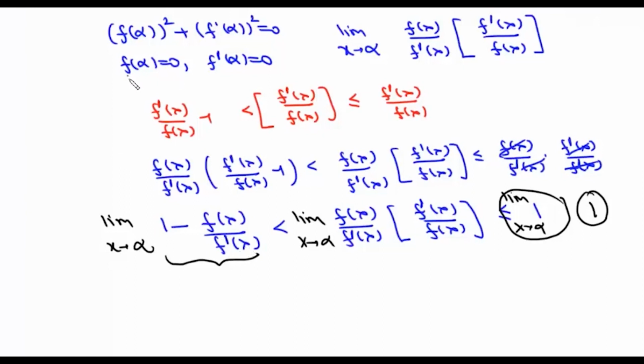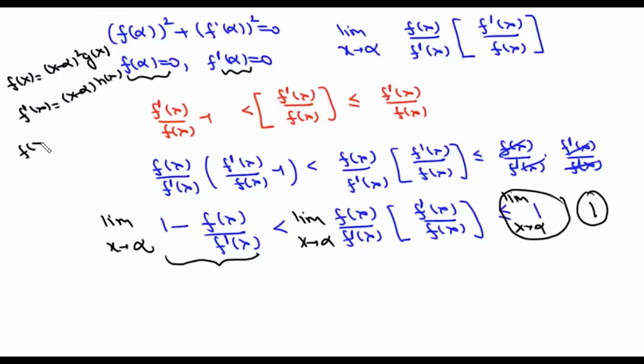Now we know that f(α) is 0 and f'(α) is 0, it means this α is a double root of this function f(x). So we can write this function f(x) as some (x minus α)² into, and this f'(x) will be some (x minus α) into h(x).